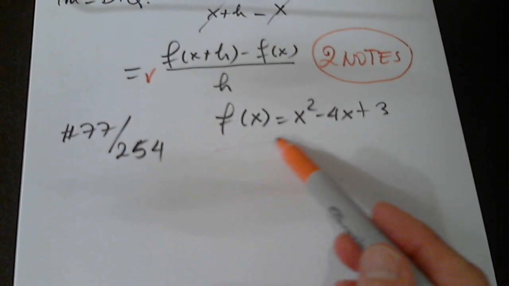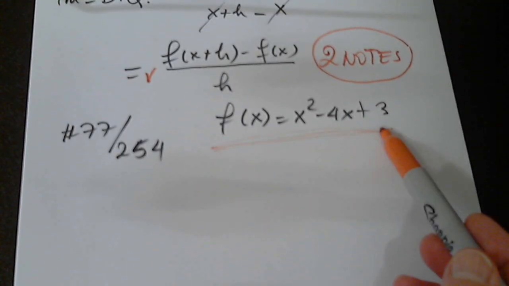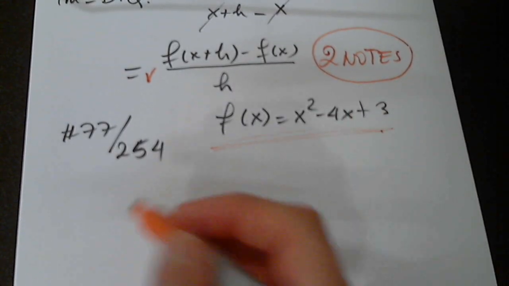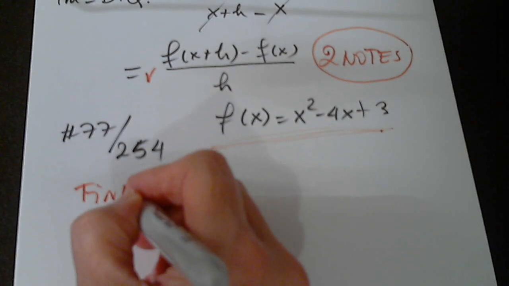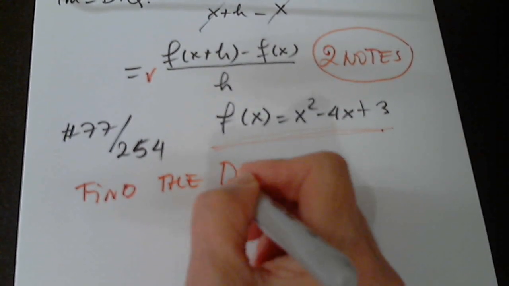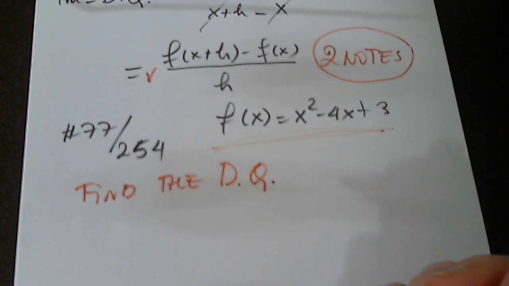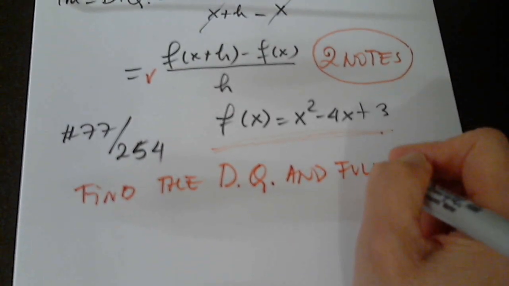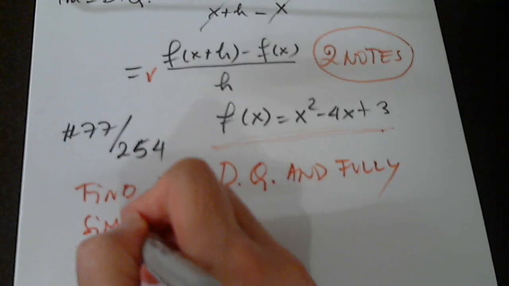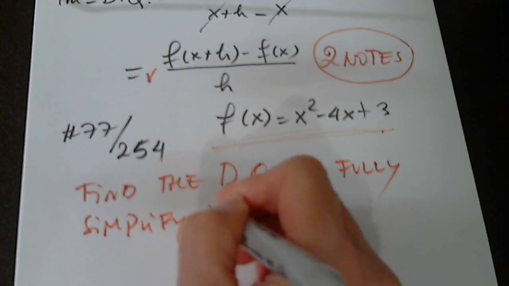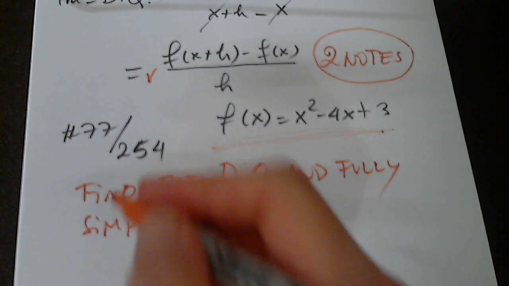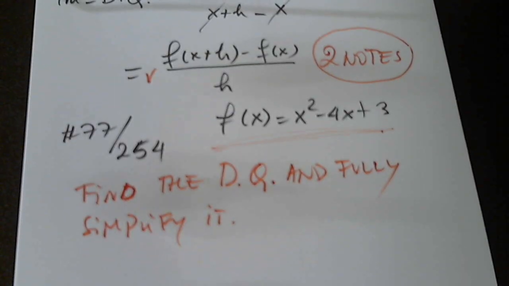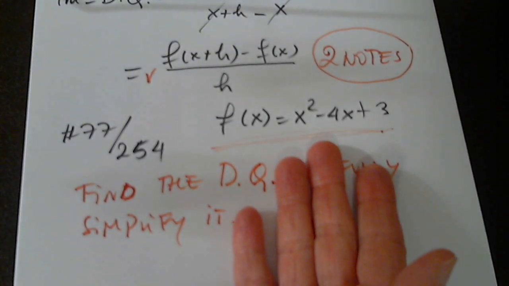They're giving us this function, and they say, find the difference quotient and fully simplify it for this function.